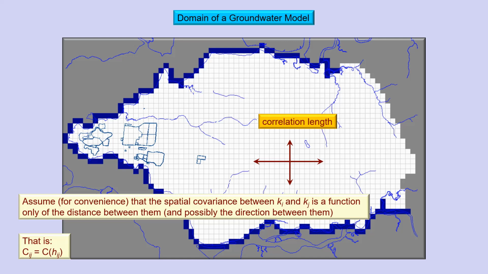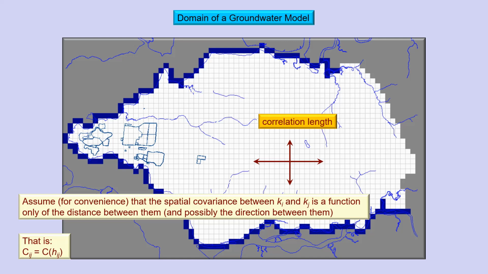That is, the distance between point I and point J, possibly with direction taken into account. But let's, for the moment, assume an isotropic medium, and the covariance between 2 points is a function only of the distance between them.